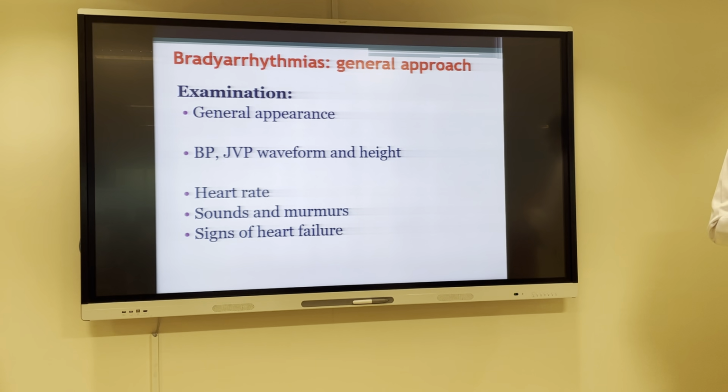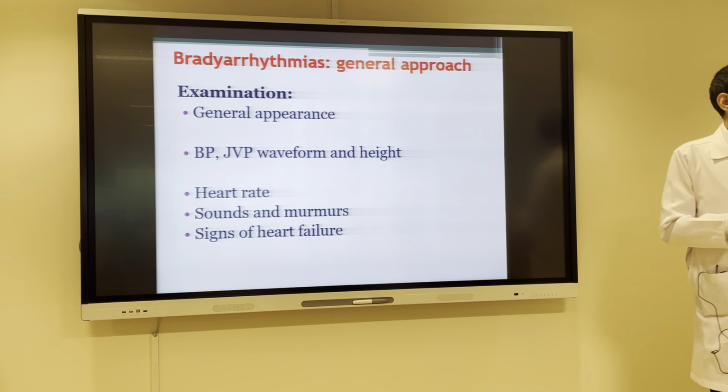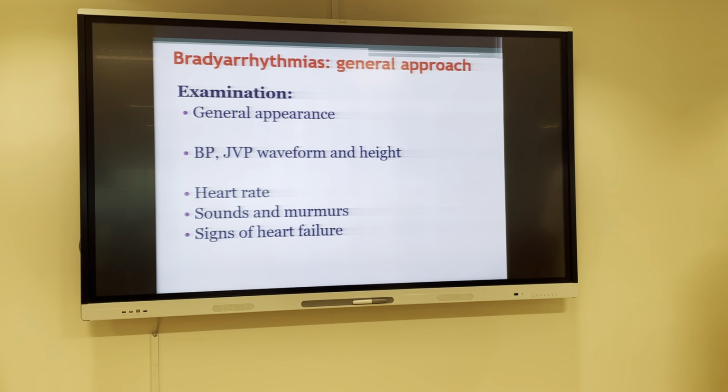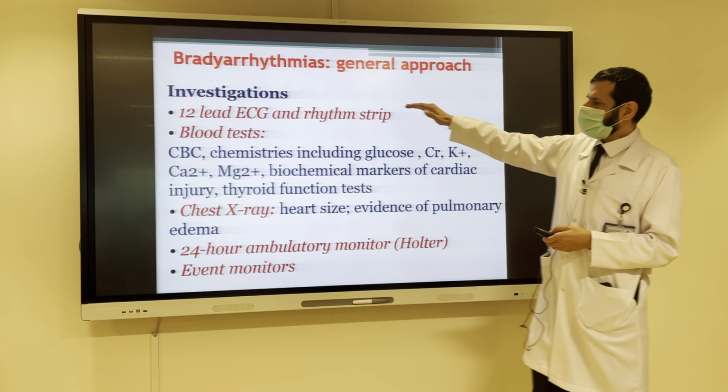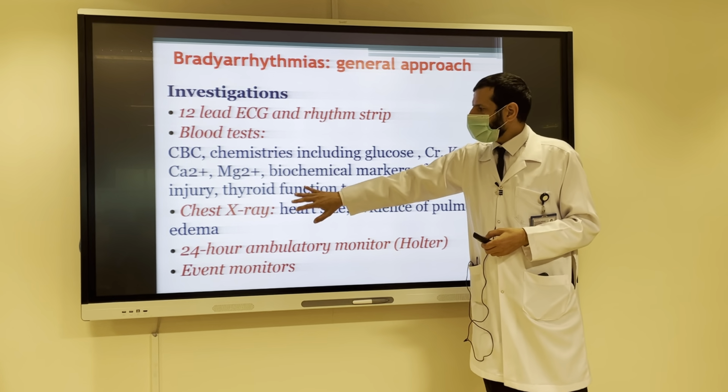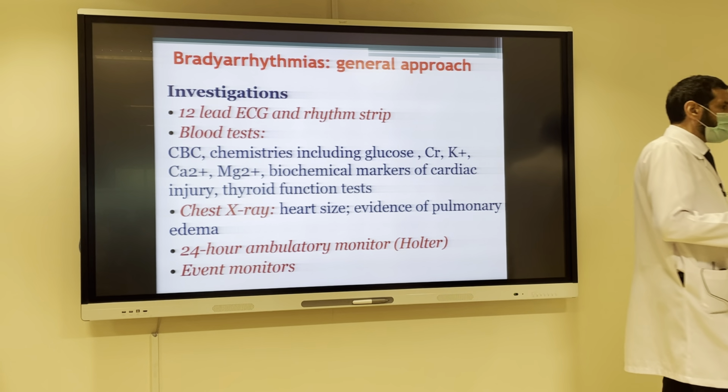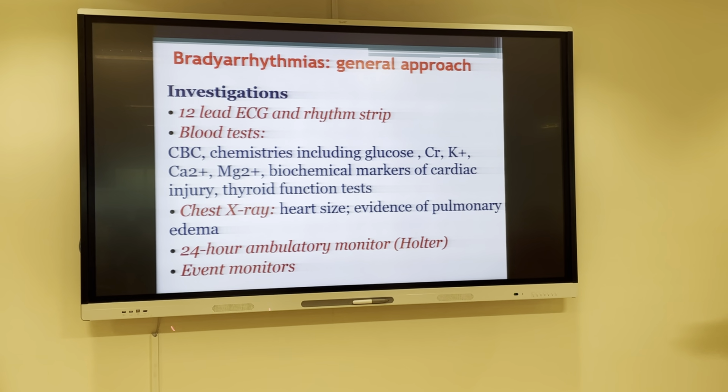CBC, because severe infection, of course, can be a cause of bradycardia, so sepsis, right? Thyroid function test, very important. Hypothyroidism is one of the common causes of bradycardia, and we always have to rule it out. So that is the 12-lead ECG and the blood tests. Chest X-ray, just if the patient is in heart failure.